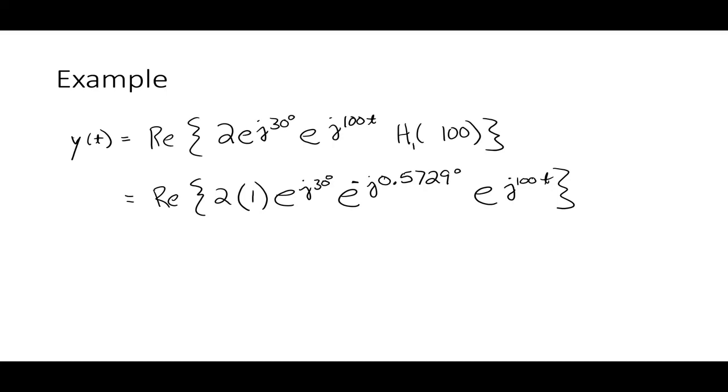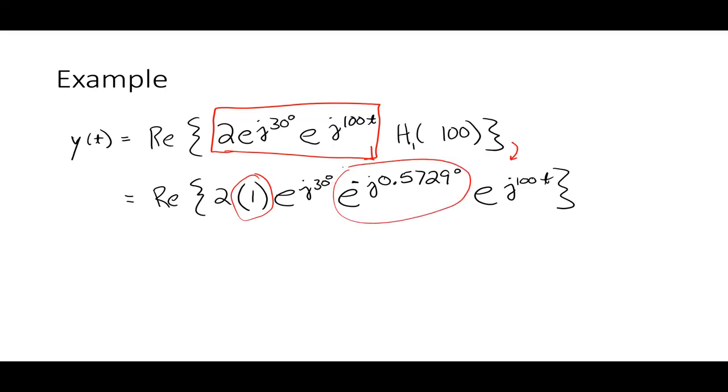Remember that the output is the real part of the input. Here is my input. So it's the real part of the input times h1 of 100. In this next line, I've substituted in the magnitude of h1 and the e to the j angle of h1.